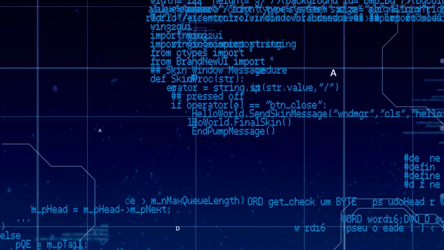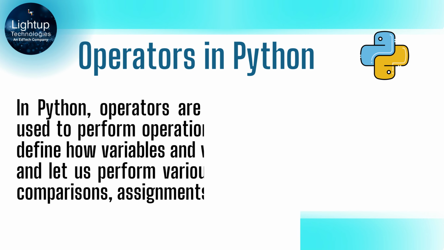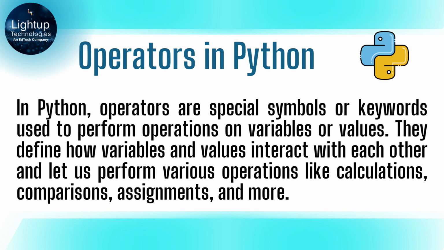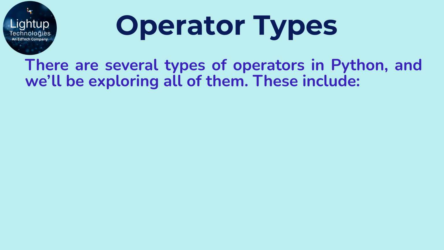So let's get started. In Python, operators are special symbols or keywords used to perform operations on variables or values. They define how variables and values interact with each other and let us perform various operations like calculations, comparisons, assignments, and more. There are several types of operators in Python, and we will be exploring all of them.